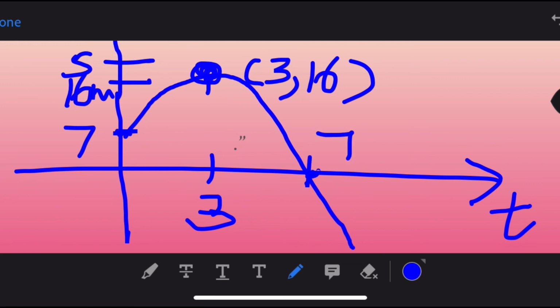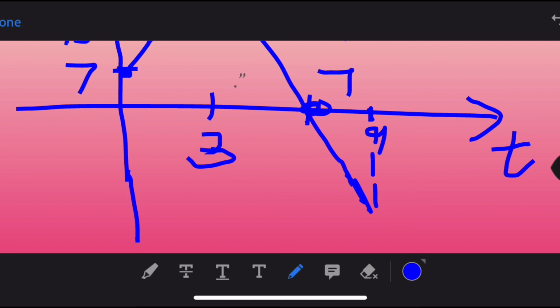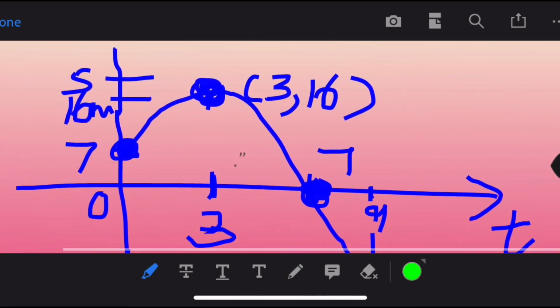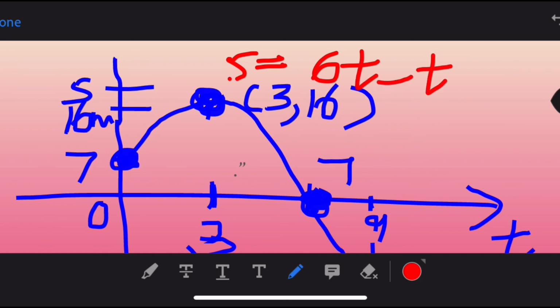Then you go back to the origin. Make sure you understand the graph, and then we have to plot the terminal point. 9 seconds is at negative 20. So this is a graph that represents displacement s equal to 6t minus t squared plus 7. Make sure you label the axis in meter, and this is in second.